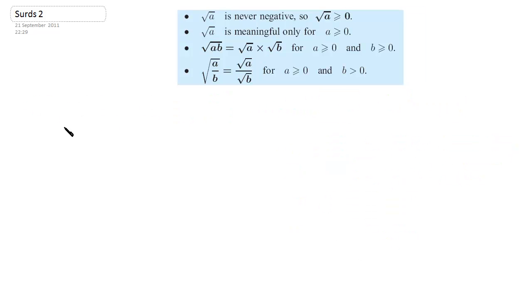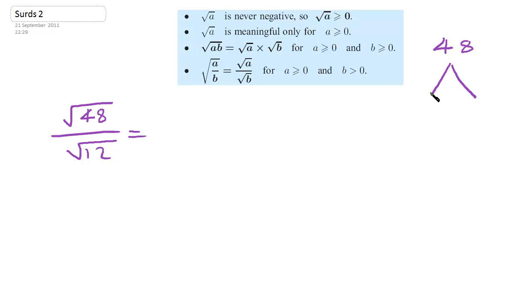Now in our next question we're going to look at the square root of 48 over the square root of 12. Now if you can't see how to prime factorize this easily, you can do a factor tree. And it doesn't matter how you do your factor tree, you just pick out factors. So we could have 4 and 12, they give us 48. Then look at factors of 4 to get 2 and 2, 2 times 2 is 4.